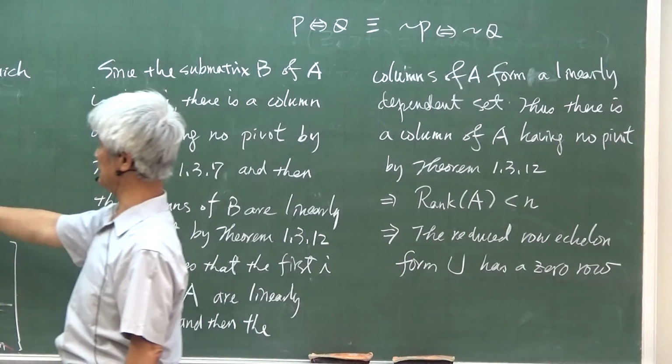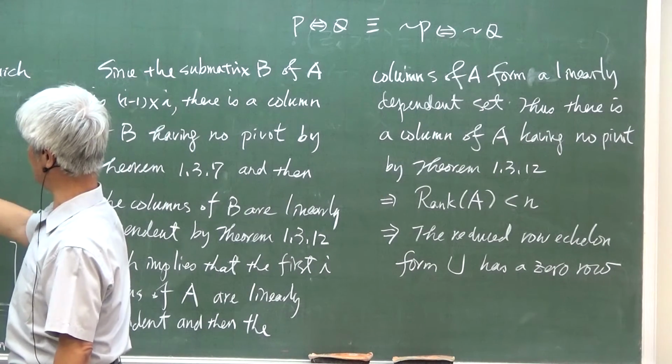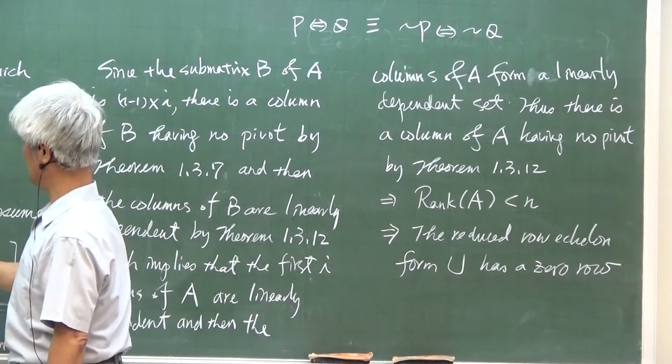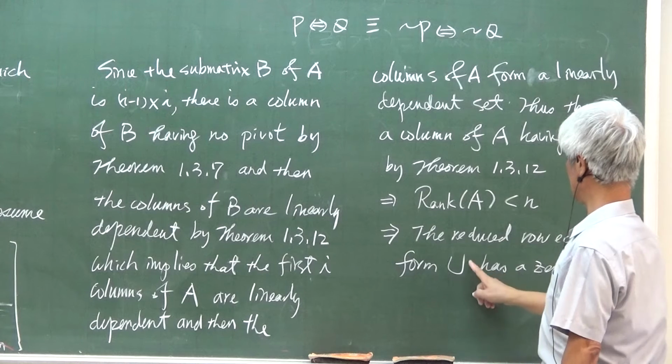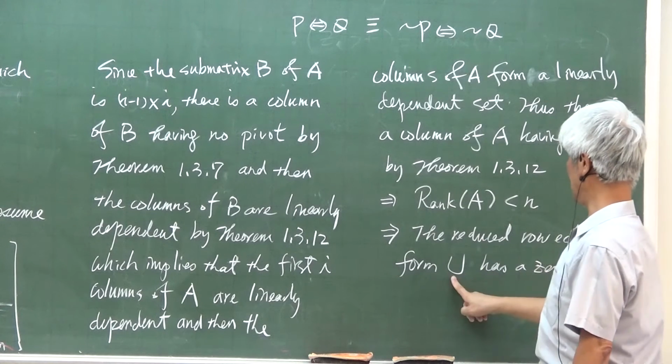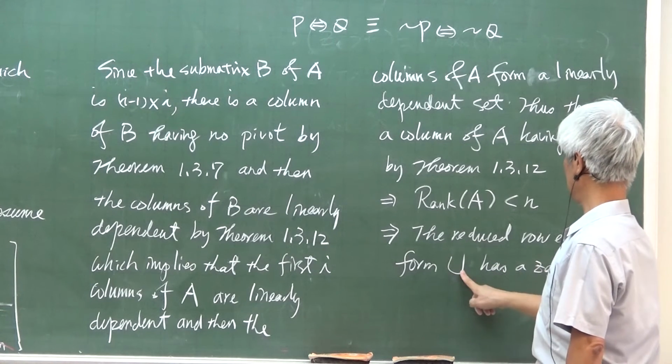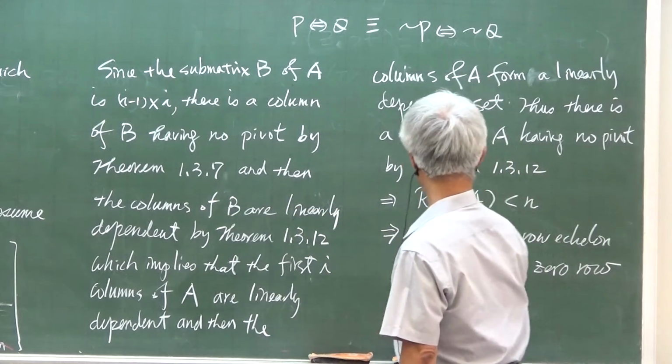From the consequences, when we have zero entries here, by the discussion, we know that the reduced row echelon form U of the matrix A has a zero row.